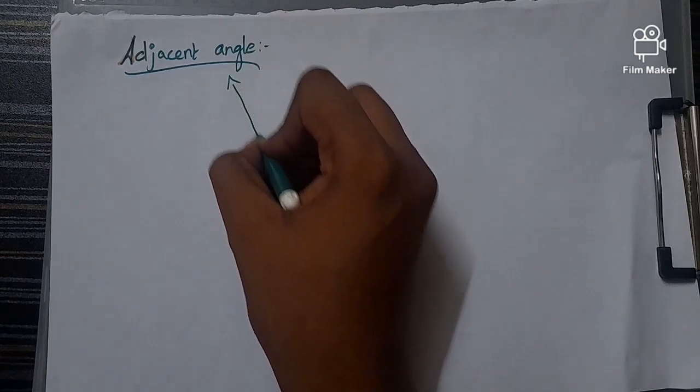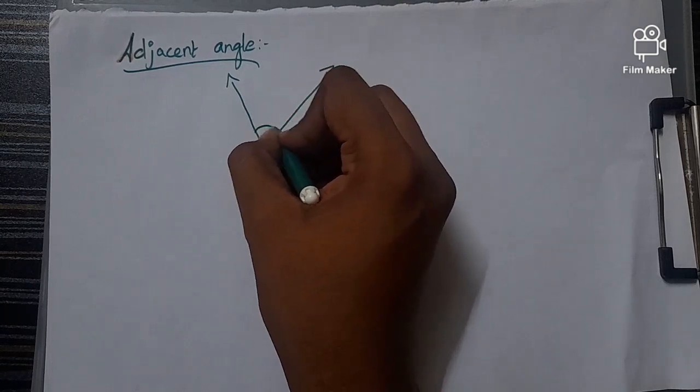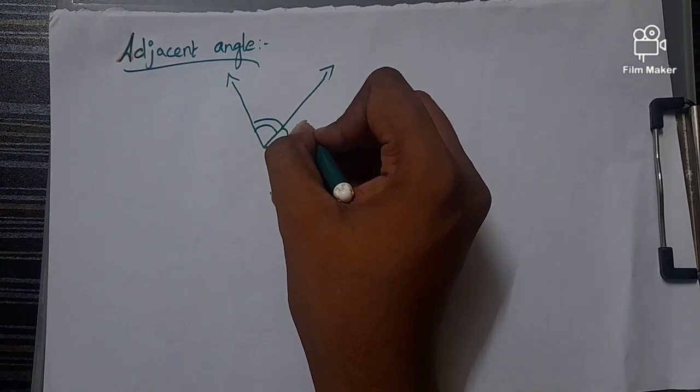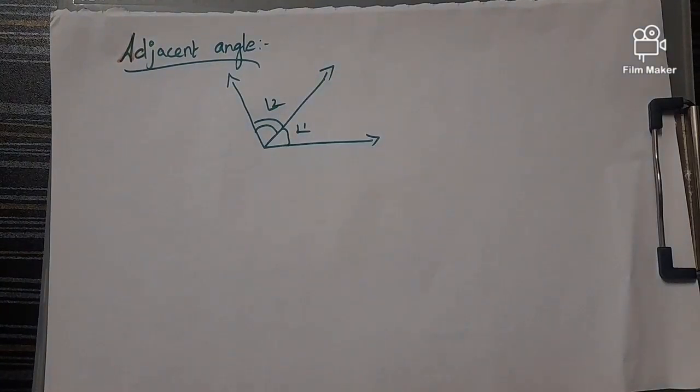So adjacent angles: a general figure depiction is like this, where angle 1 and angle 2 are adjacent angles. Adjacent angles are nothing but angles that have a common arm and a common vertex.